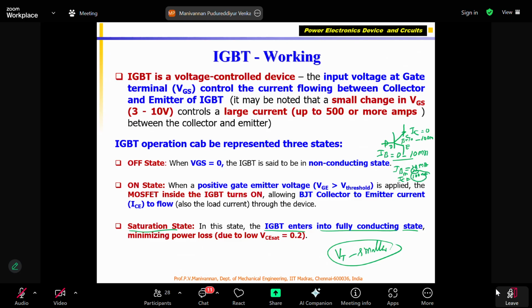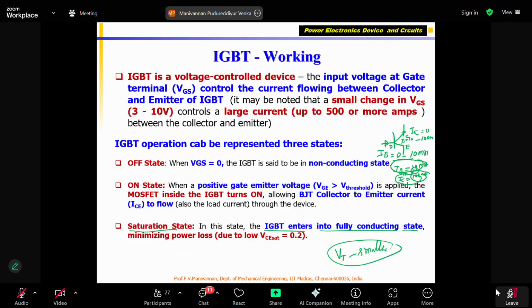If I make IB 12 milliamps, 15 milliamps, my IC will still be 100 milliamps. So I say that my transistor is saturated. That means the maximum useful base current is only 10 milliamps, and because of that 100 milliamps of current will flow. That IB of 10 milliamps and IC of 100 milliamps are called saturation currents.